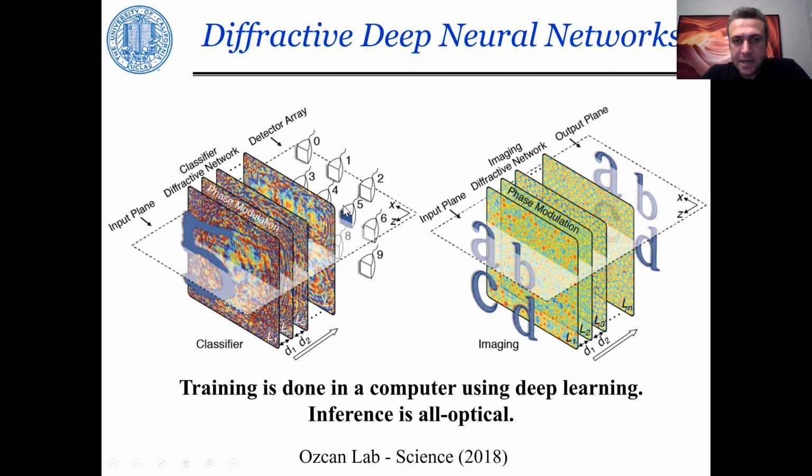And this is done through error backpropagation methods, which I'll describe in the next few slides, till the diffractive network is converged. After that point, we fabricate it. In addition to statistical inference, you can also design deterministic optical black boxes composed of diffractive layers to perform a certain task, such as imaging. I'll also give you some examples of this.